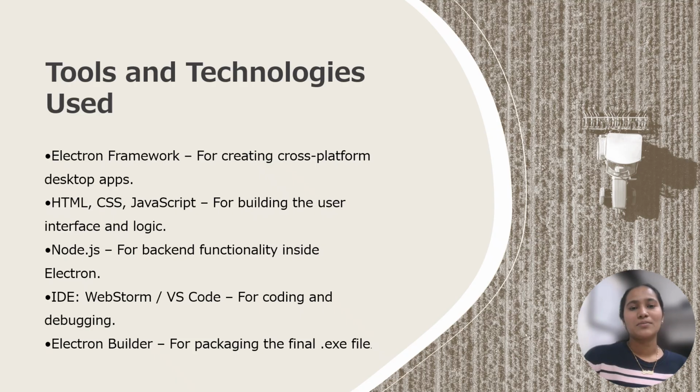Electron works by combining Chromium, which handles the user interface, and Node.js, which powers the backend logic. For development, I have used an IDE called VS Code. The app was then packaged into an EXE file using Electron Builder so it can run on any Windows computer without needing a browser.